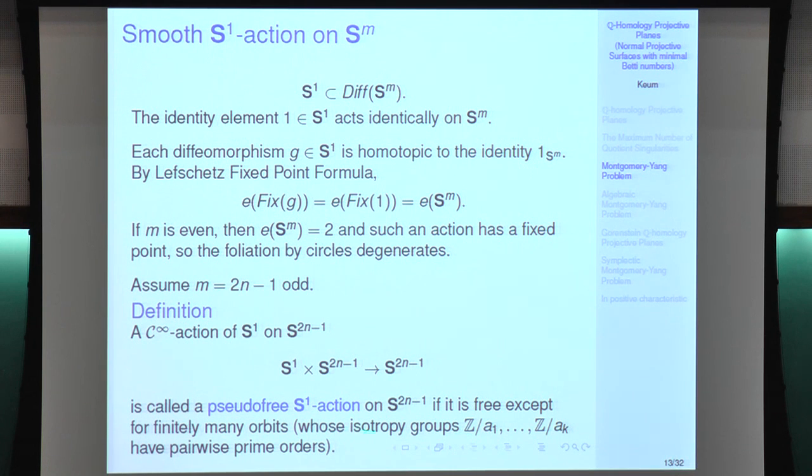This means that the circle action rotates the first orbit A1 times, and the last AK times. And you can reduce to the case that each of these orders are pairwise prime. So this is the pseudo-free circle action. And then the problem is how to classify this.